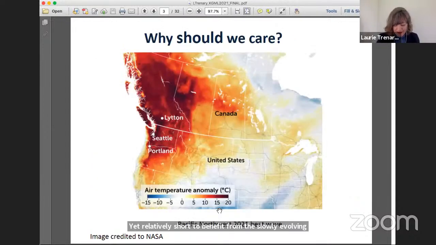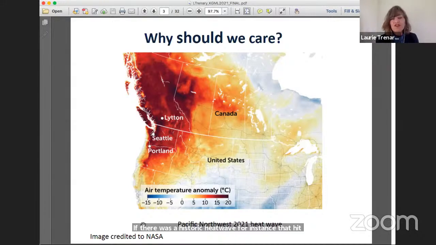Despite the difficulty in making these predictions, there's tremendous societal value. There was a historic heat wave, for instance, that hit the Pacific Northwest, and this map is showing the temperature anomalies. You can see that there were 20°C temperature anomalies extending from British Columbia all the way down into Oregon.